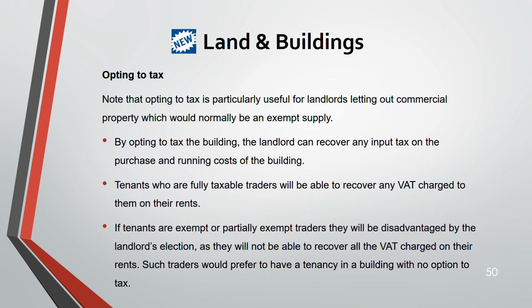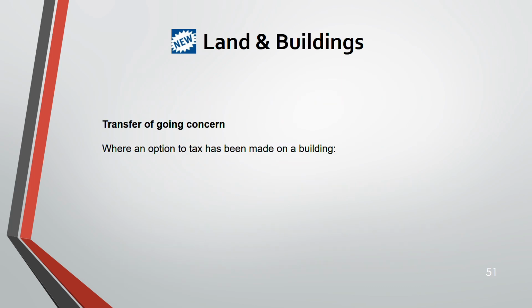If tenants are exempt or partially exempt, then there is a disadvantage if the landlord makes this election, because then the tenant cannot recover all the VAT that is charged on them for their rent, the rent that they are paying. So such traders would prefer to have a tenancy in a building with no option to tax. So you have to know when to tax and when not to tax, advantages and disadvantages.